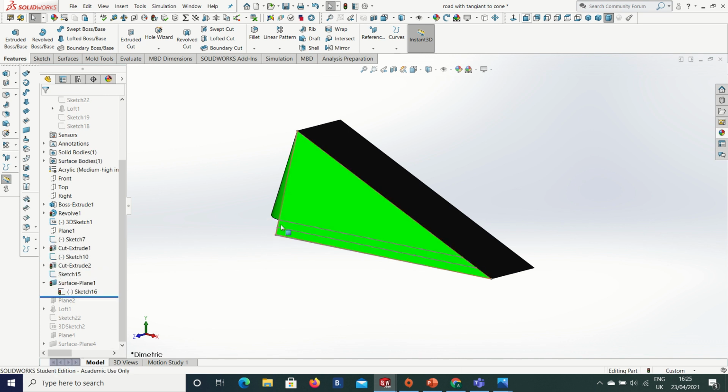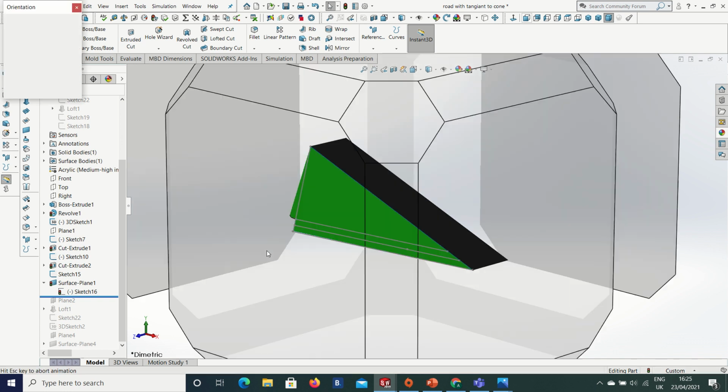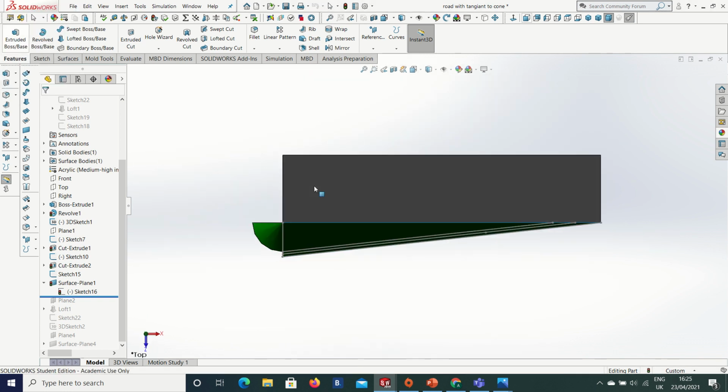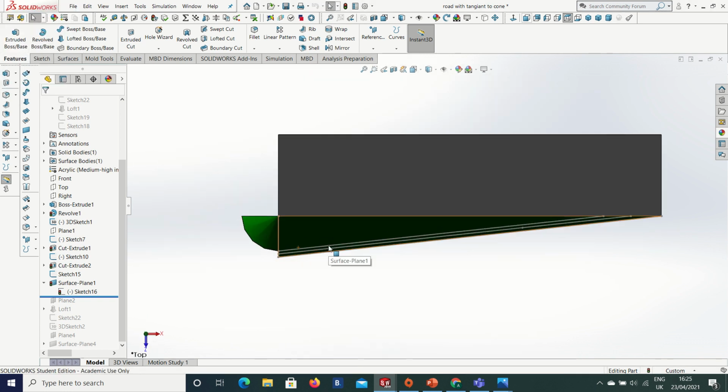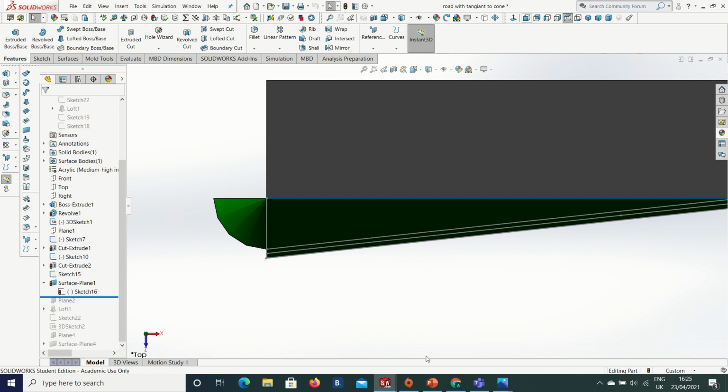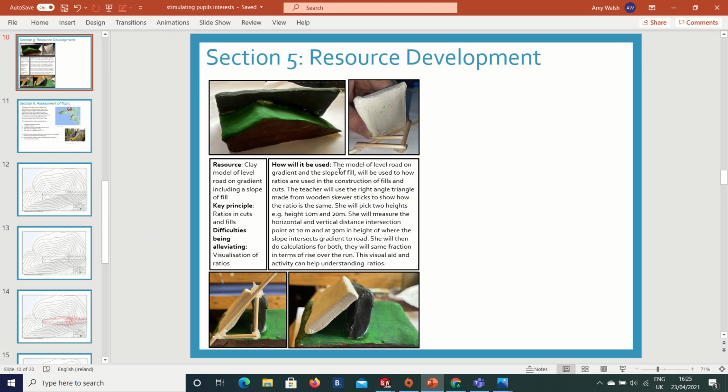We can see the parallel lines represent the slope, which represents the ratio. So if we look at it from plan view, we can see that the lines are all parallel. And if we go back into what we were doing with the 3D model of the ratios, you can see that these lines are in fact those parallel lines you are using for the construction, and they are parallel, and it's also a ratio.